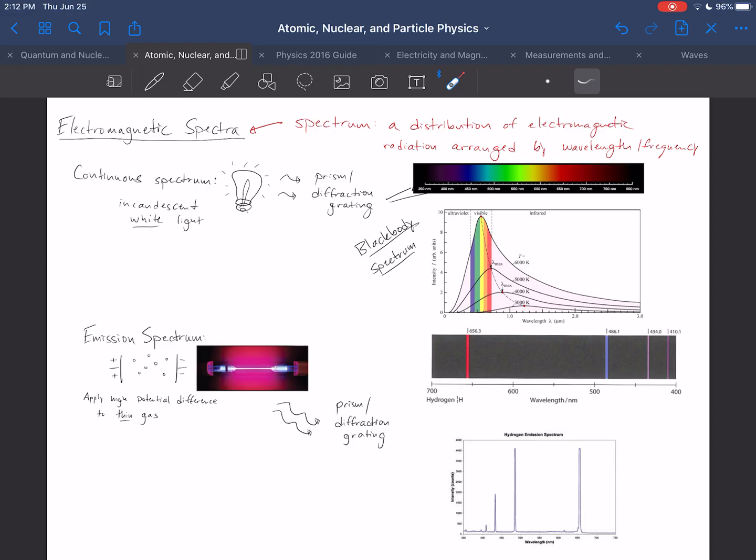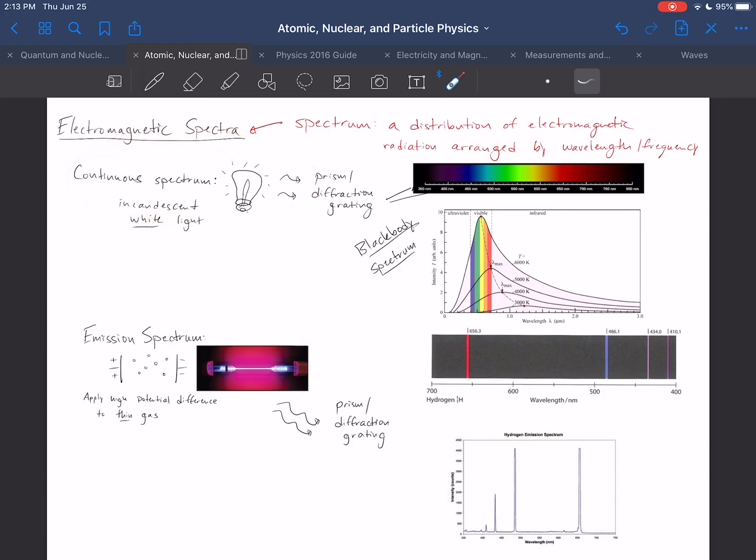But it's important to note that even a black body spectrum, as shown here, is a graph where you have a certain amount of intensity versus the wavelength, and you can see that for a particular temperature, you get some wavelengths over here and some wavelengths over here and some over here. That will give you a rainbow, and that is what is known as a continuous spectrum.